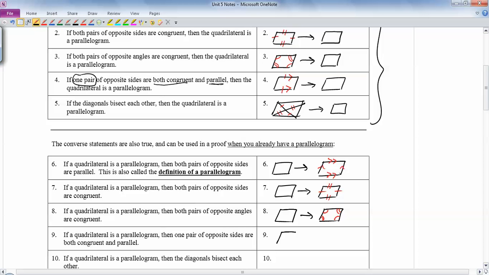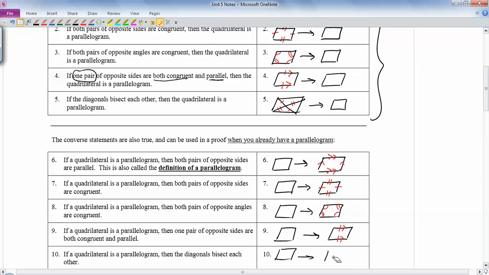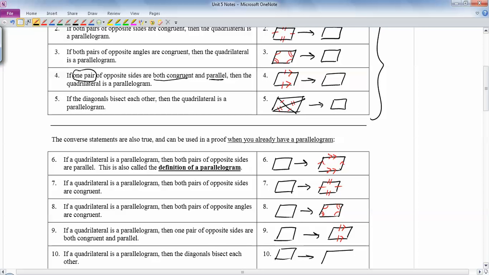Or this one is kind of overkill, I suppose, because you could combine 7 and 8 to get this. But it would be one pair is both parallel and congruent. Or the last one is that the diagonals would have to bisect each other. Oops, that's not done very well. So 1 tick mark, 1 tick mark, 2 tick marks, 2 tick marks.